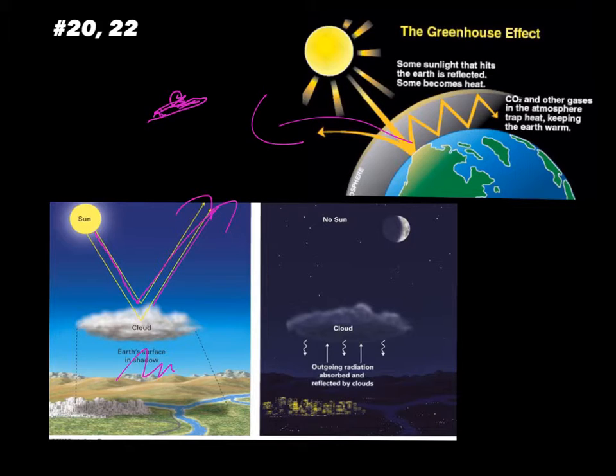But it's different at nighttime because the clouds actually act as insulation for our planet. The outgoing radiation trying to escape back into space can't really escape because it's absorbed and reflected by the clouds, so it comes back down and keeps us warmer at night.